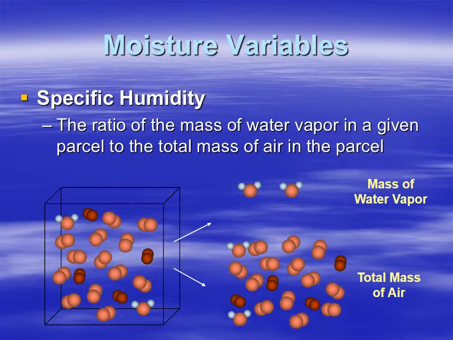Now, as you know, water vapor is a very small percentage of the air, usually only 1%. So the numbers that you're going to get when you take the mass of water vapor and divide it by the total mass of air is going to be on the order of 0.01 or 0.001 or something like that. In other words, it's going to be very, very small. So that's something that you should remember when you do these calculations.